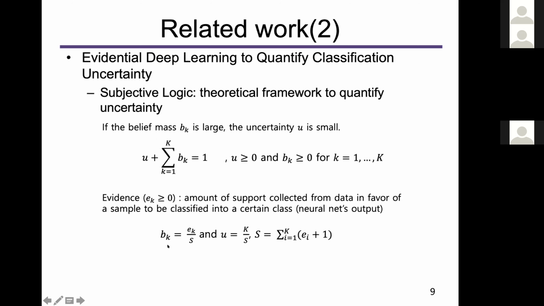So belief is simply normalized evidence, because S is the sum of the evidence plus 1, and the uncertainty is K, where K means the number of classes, divided by the sum of evidence. And this evidence is just the neural net output here.